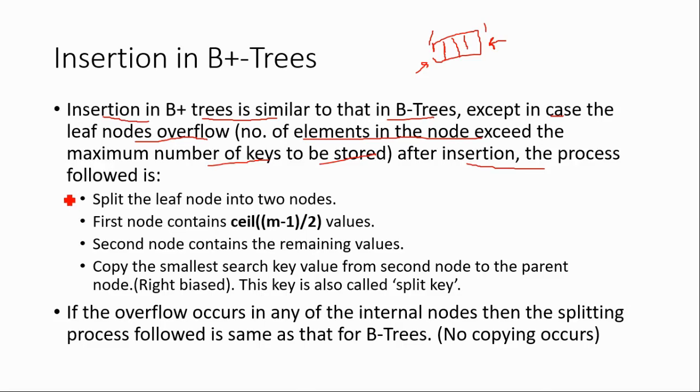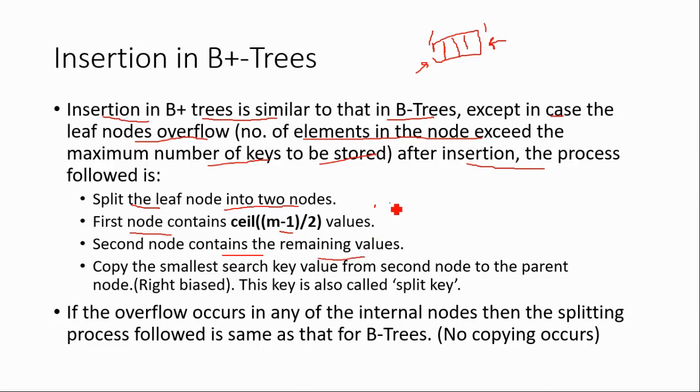In that case, we split the leaf node into two nodes, as we did in the previous one, so that will also work. The first node will contain ceiling of (m minus 1) by 2 values, meaning one half of the set of elements. The second node contains the remaining values.